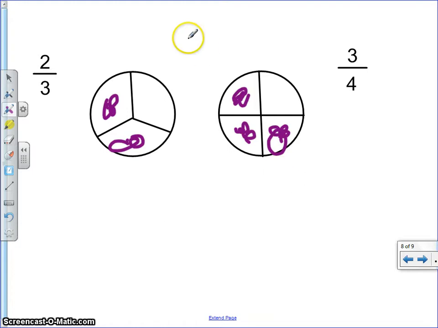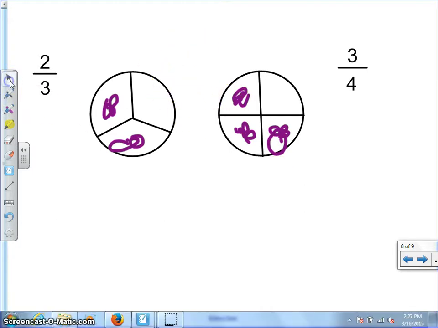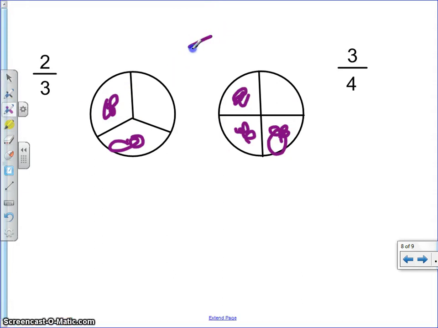This one might be a little tricky, but the real easy way for this one is I look at what's left. This piece that is left is bigger than the piece that is left here. So that means this 3/4 took more of the pie away. So more of the pie was eaten in this one. So therefore 3/4 is going to be greater than 2/3. Or, if I'm reading this correctly with my symbols, 2/3 is less than 3/4.